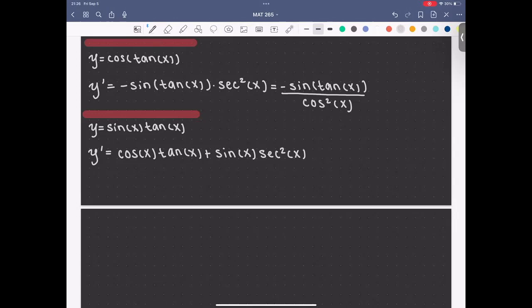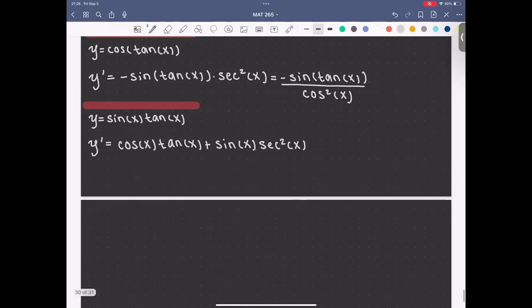But okay, let's clean this up a little bit. So we know tangent is sine of x over cosine of x, right? So what's going to be left here is just sine of x from this equation. So again, let me just kind of show you really quick. This is cosine of x times sine of x over cosine of x.